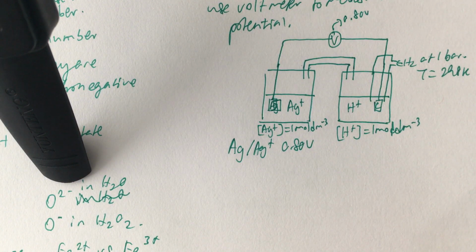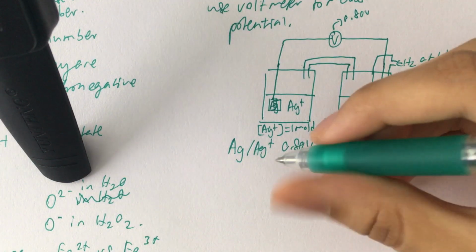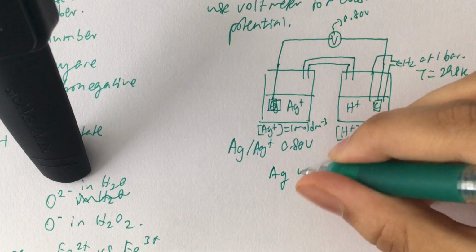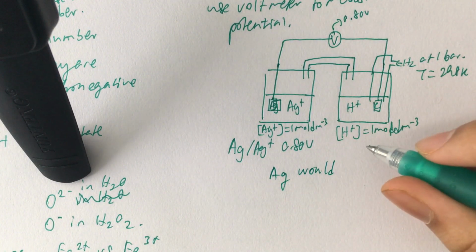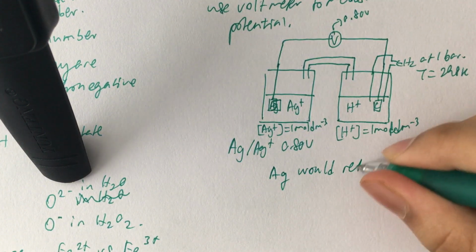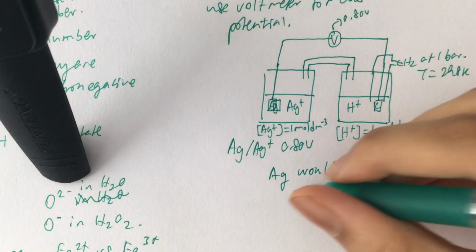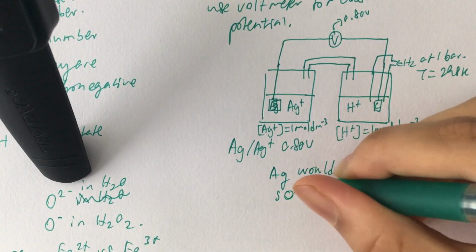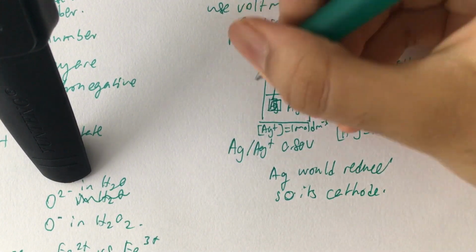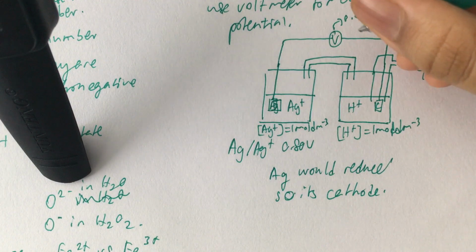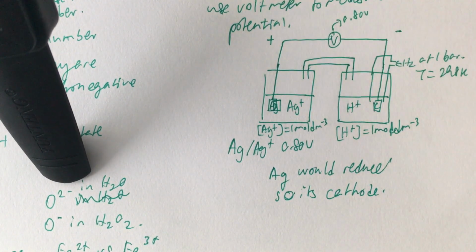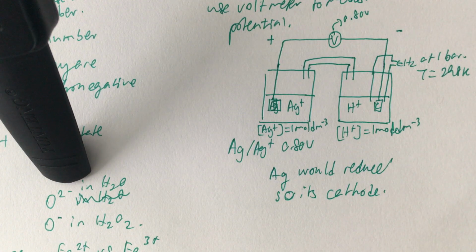The silver is plus 0.80, so compared to a hydrogen SHE it will undergo a reduction. That means you would be putting the cathode of silver and an anode of carbon or platinum, because if you don't need the metal per se, then you use carbon or platinum because they won't really react.